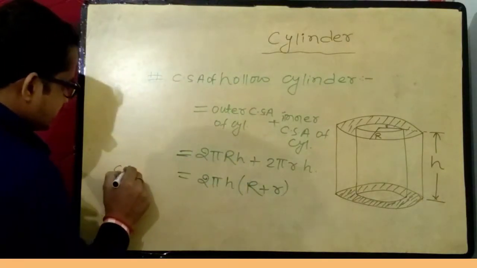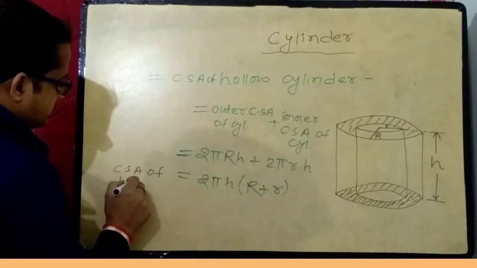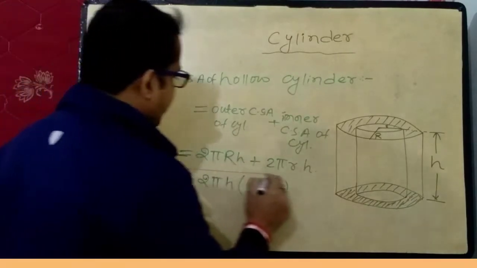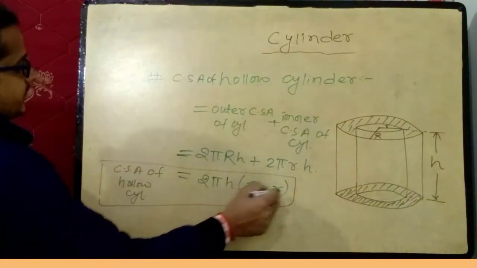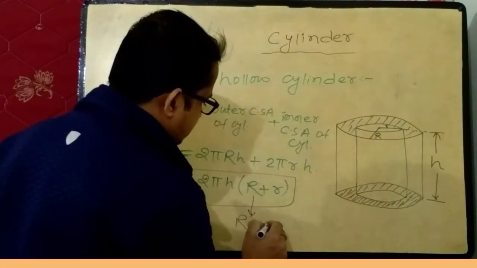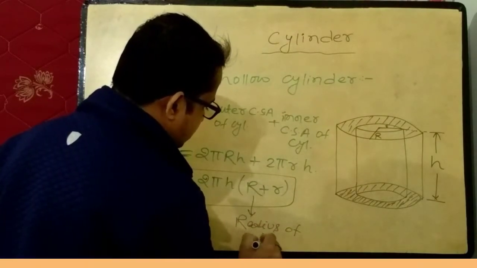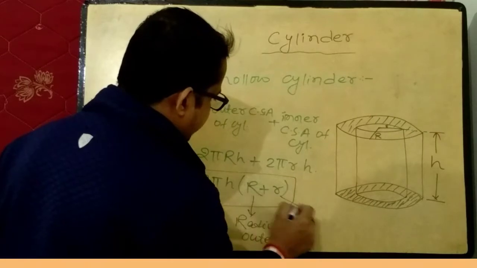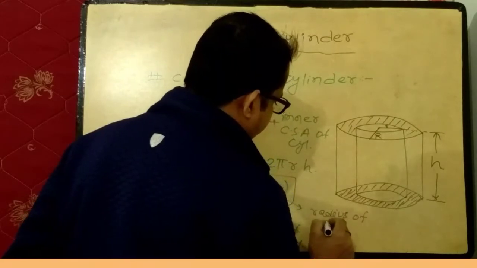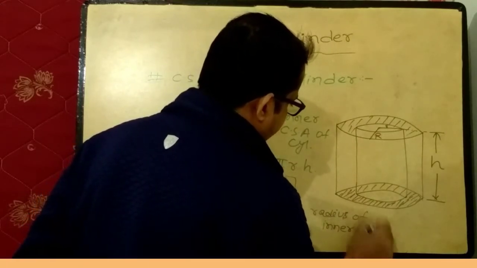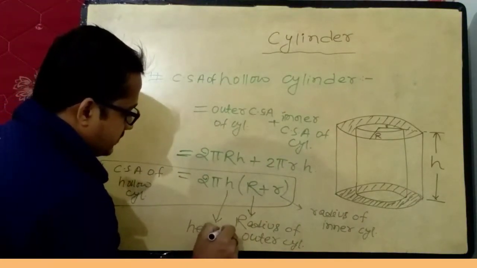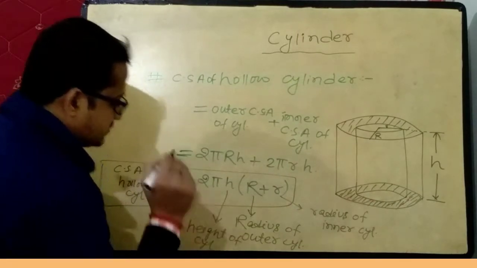So CSA of hollow cylinder equals 2 pi h into capital R and small r, where capital R is the radius of the outer cylinder, small r is the radius of the inner cylinder, and h is the height of the cylinder.